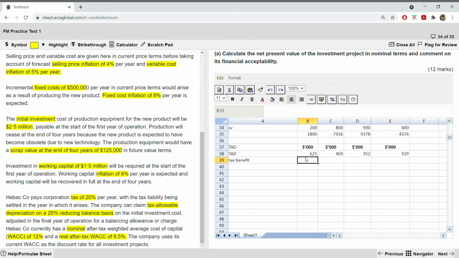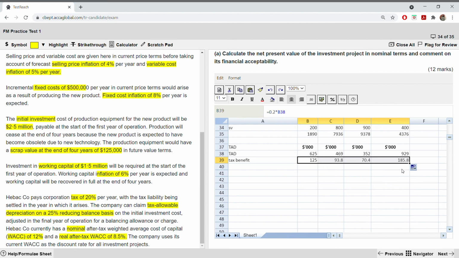Now the tax benefit. Tax benefit is, what is the tax? 20%. So 20% into this, which is 125. Now let me drag it to the other cells. 93, 70 and 186.